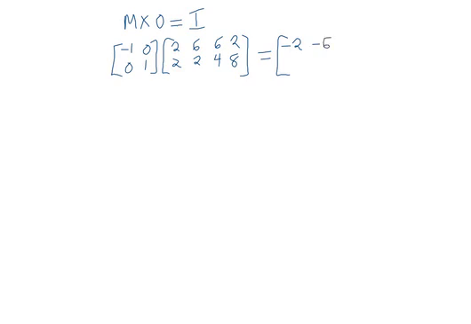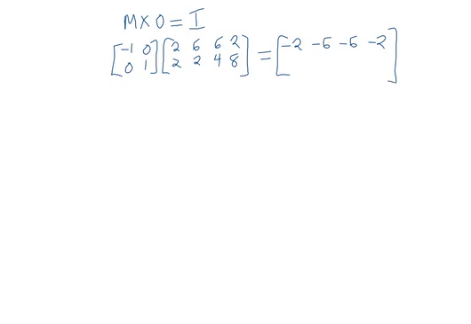First row, third column, we have -1 multiplied by 6 plus 4 multiplied by 0 which gives us -6. First row and the fourth column we have -1 multiplied by 2 plus 8 multiplied by 0 which gives us -2.